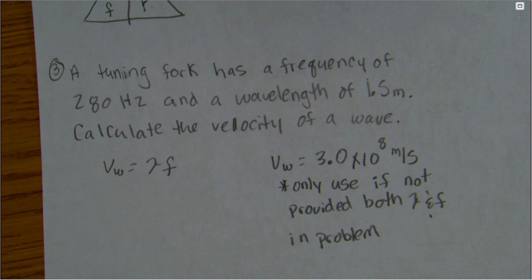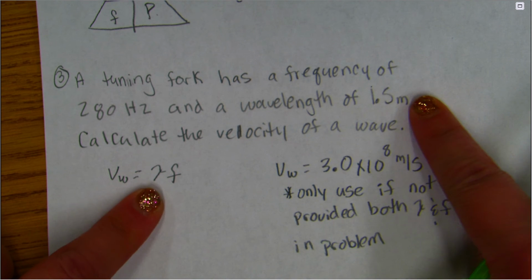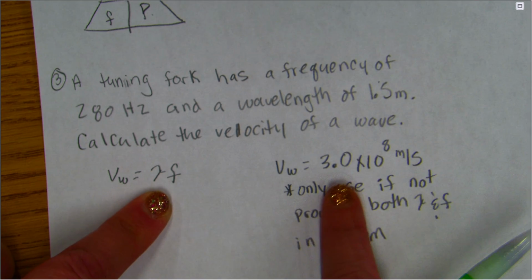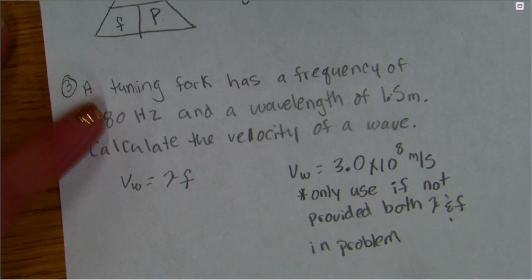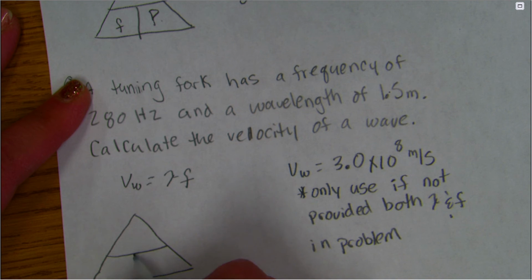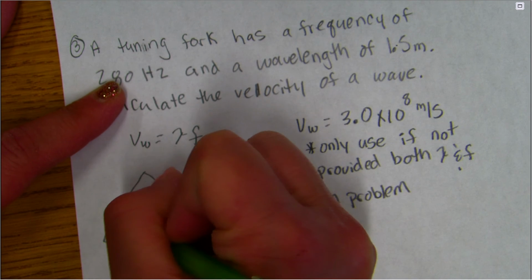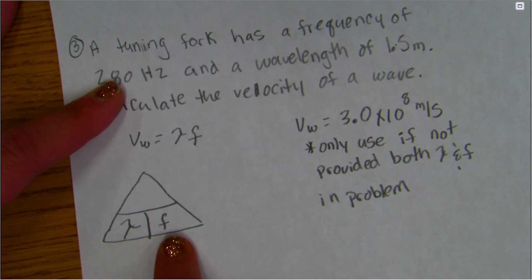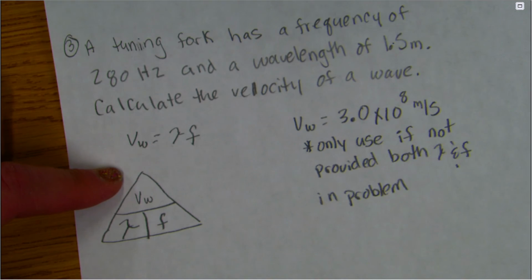Because different waves may have different velocities, okay? So in number 3, I was provided both the wavelength and the frequency, so this value right here, I'm not going to use. Let's set up our triangle. Always set up a triangle. Here I've got wavelength times frequency, so wavelength times frequency at the bottom. And our velocity is going to go at the top.